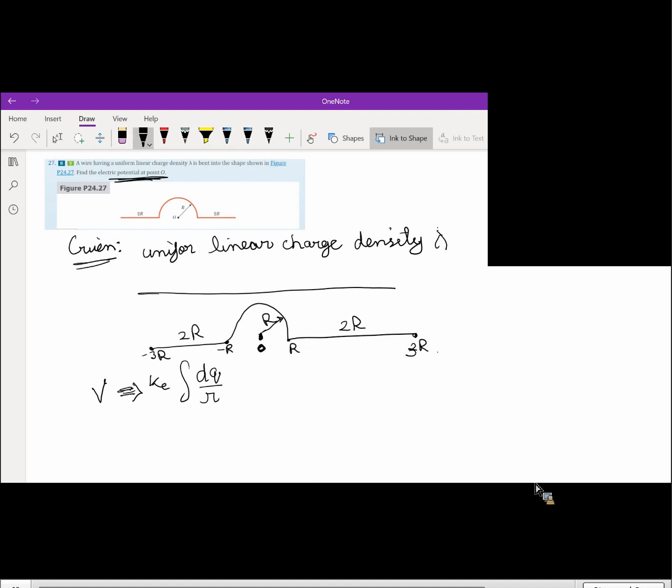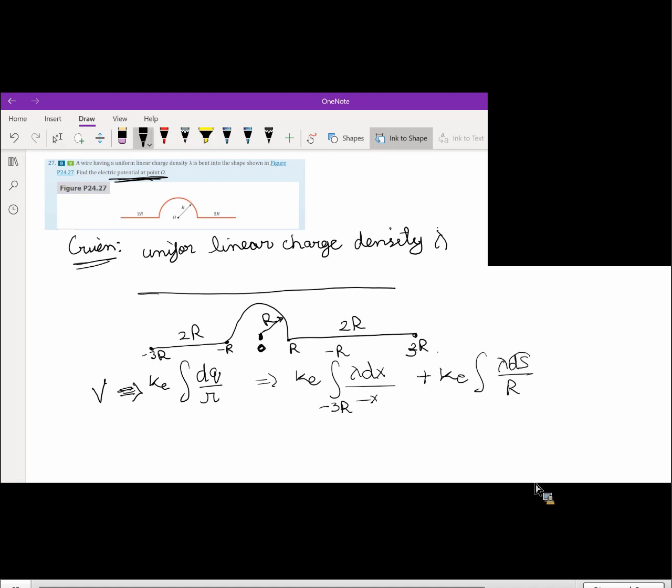Now we have to just distribute the integral, make the continuous integral like this. First of all, from minus 3r to r, lambda dx by minus x, plus ke lambda ds by r.